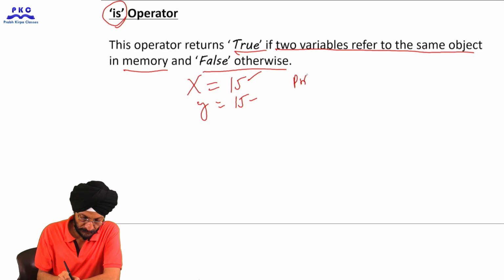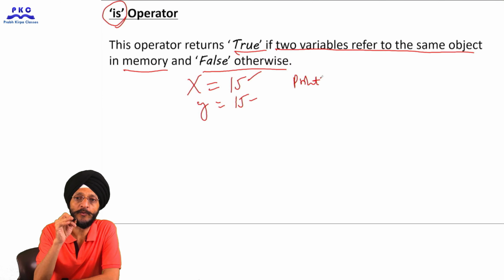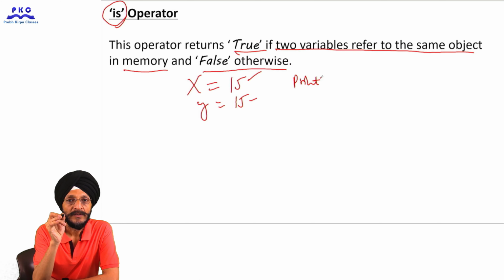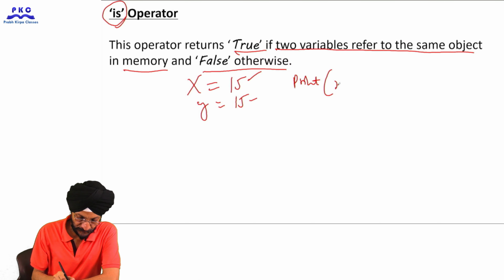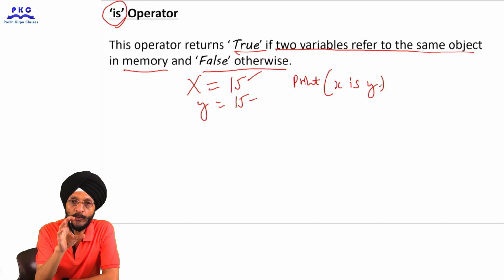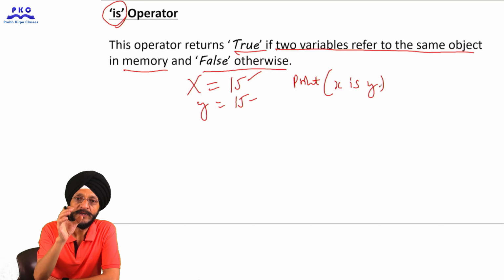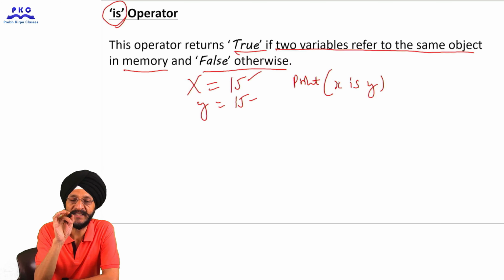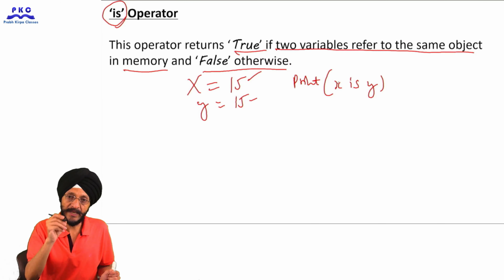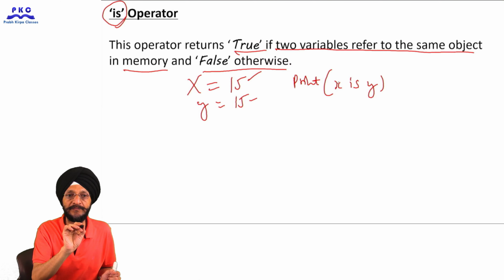Now we use print function and is operator to find out whether x is y, whether the memory location of both the objects is same, or whether both the variables x and y refer to the same object in memory.